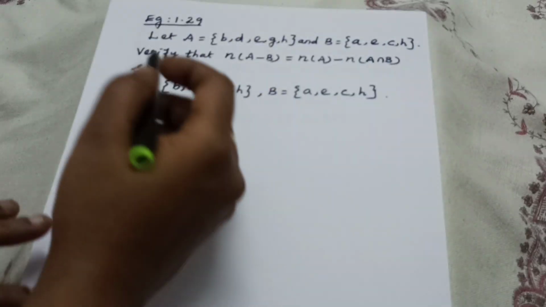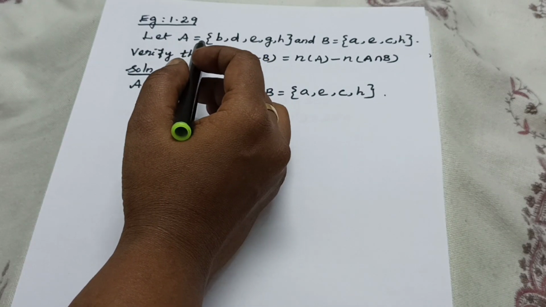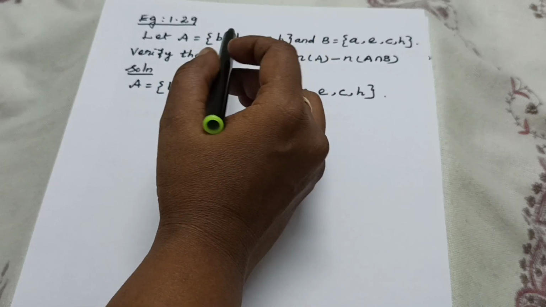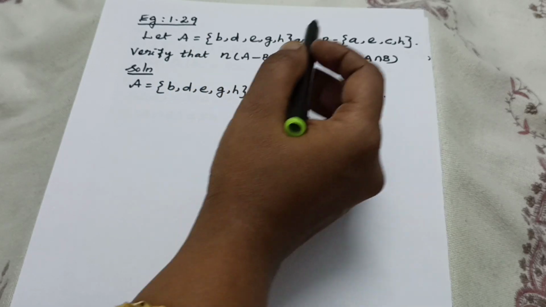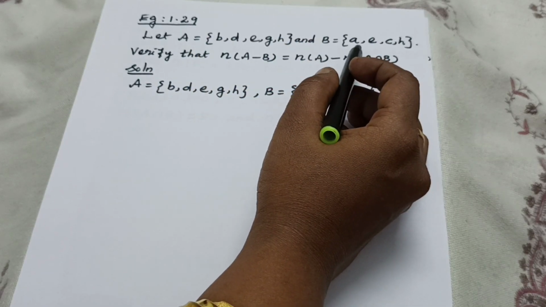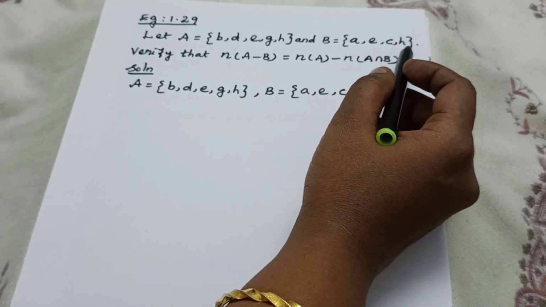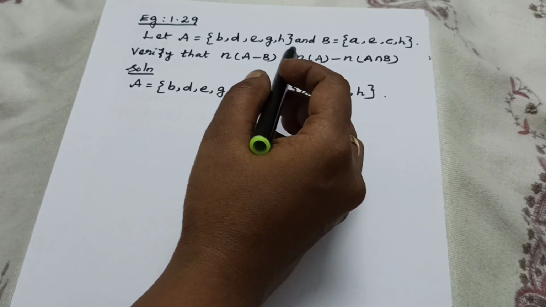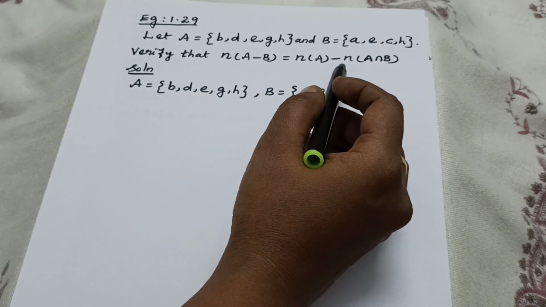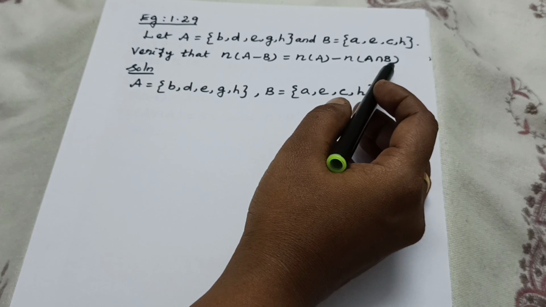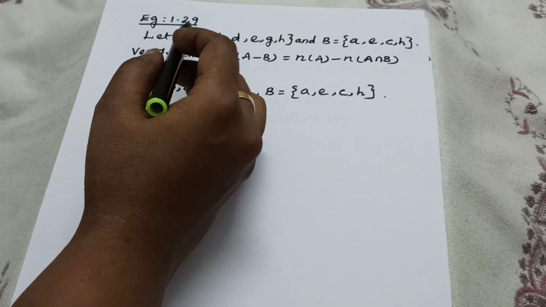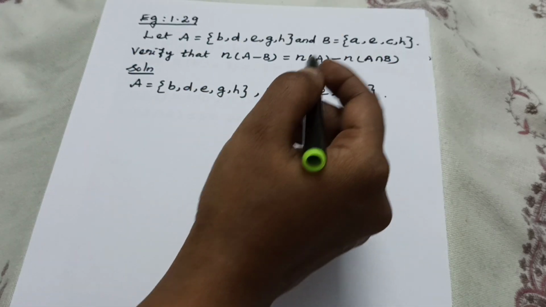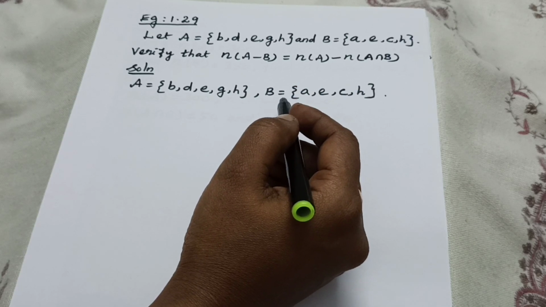Example 1.29. Let A be the set of B, D, E, G, H, and B is equal to A, E, C, H. Verify that n of A minus B is equal to n of A minus n of A intersection B. Here the A set is given, then the B set also given, isn't it?